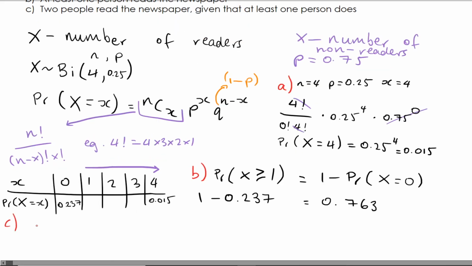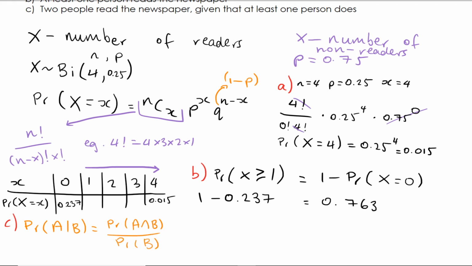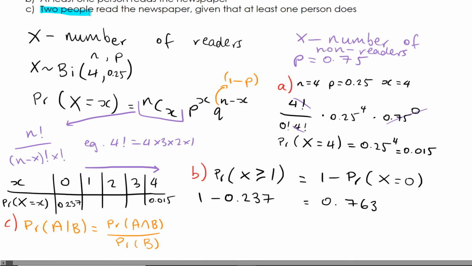Now for part C, the probability that 2 people read the newspaper given that at least 1 person does. So we've got a conditional probability thing going on here. And the formula for conditional probability, the probability that A given B is the probability of A intersect B over the probability of B. So what does this A intersect B mean? Well, this up here is our A condition, and given that at least 1 person does, that is our B condition.